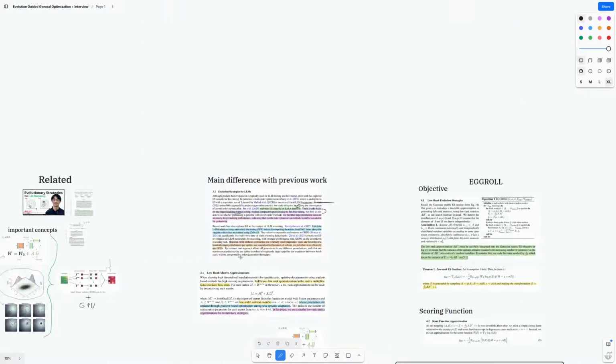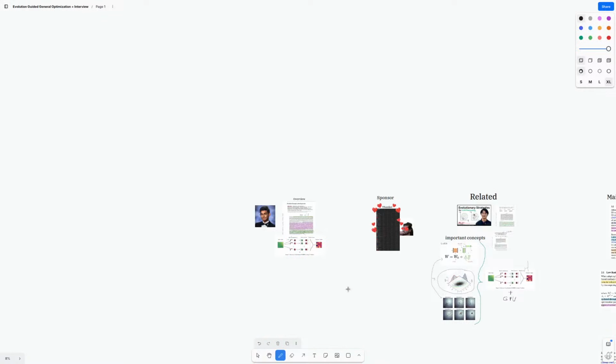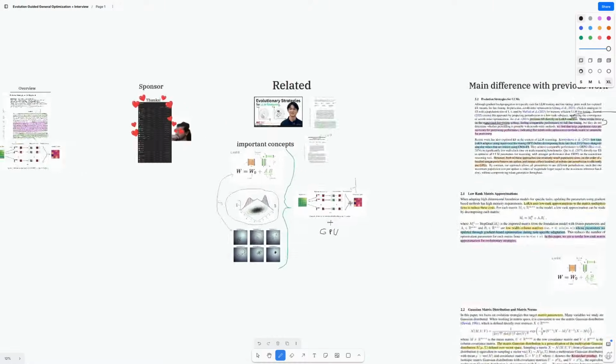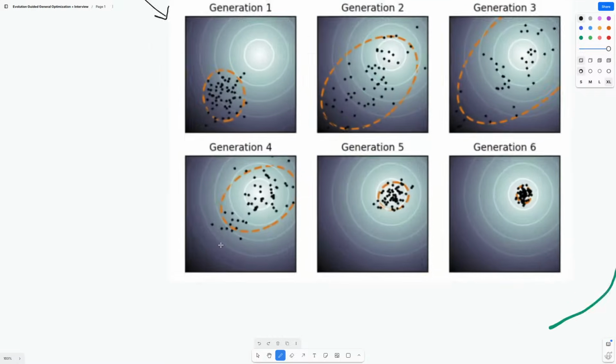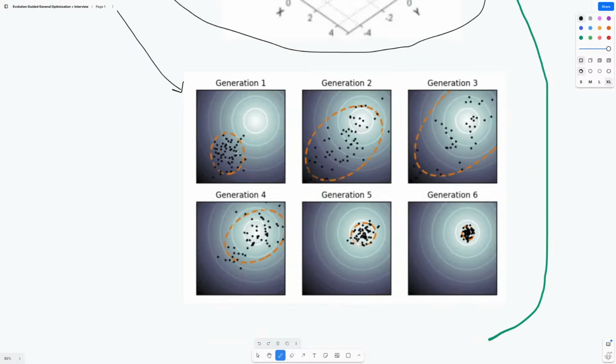So a large population means the amount of these perturbations that you're doing, right? So this will tell you where to go, technically speaking, right? So you see here, right? At the beginning you're here, and then you're doing all of these perturbations in all these directions, and then this tells you like, hey, buddy, you should maybe move here, right?